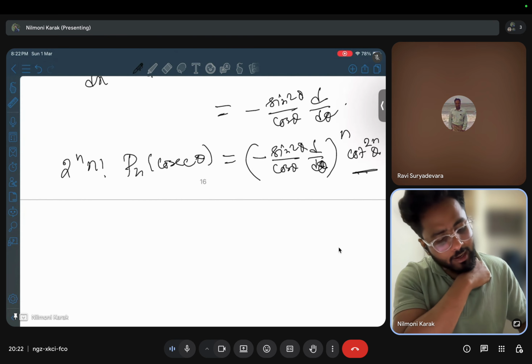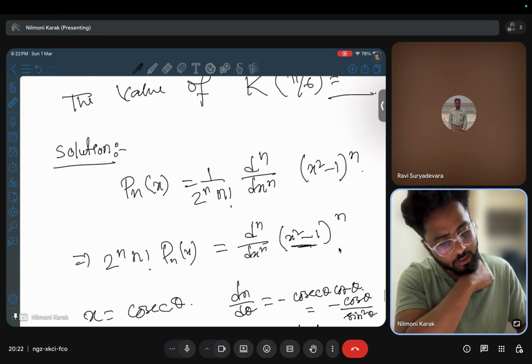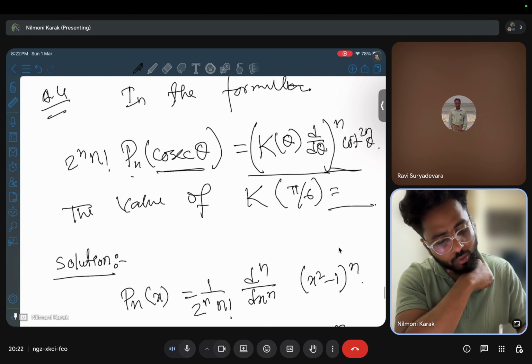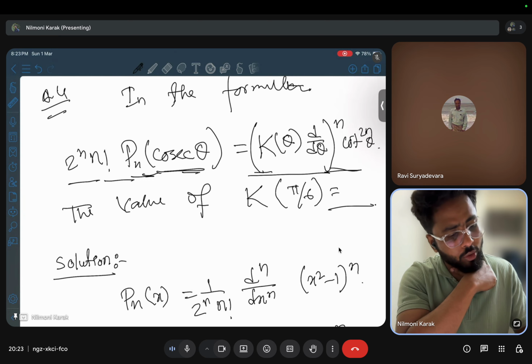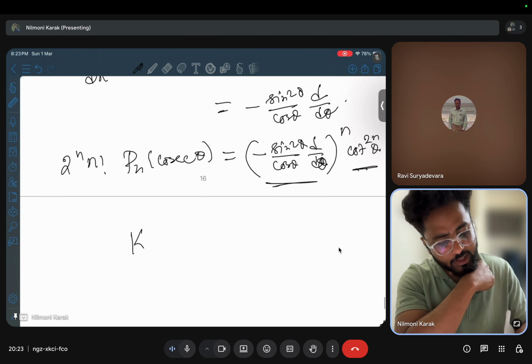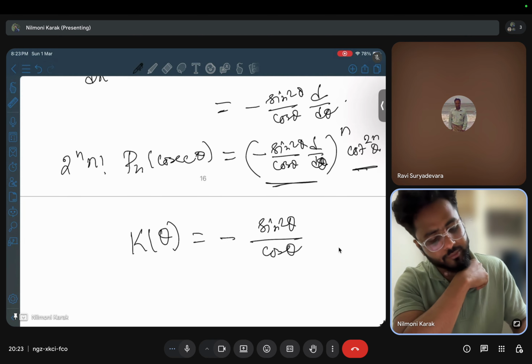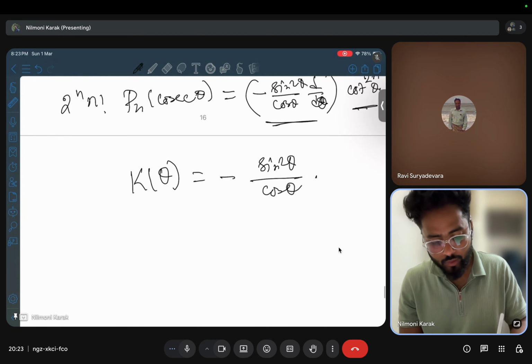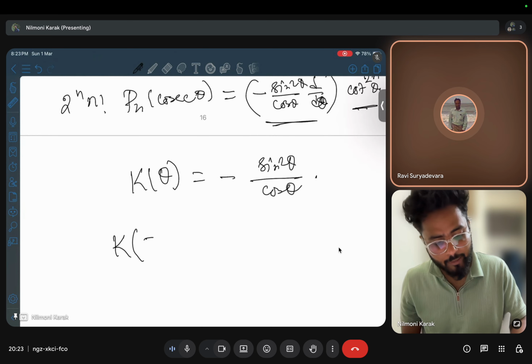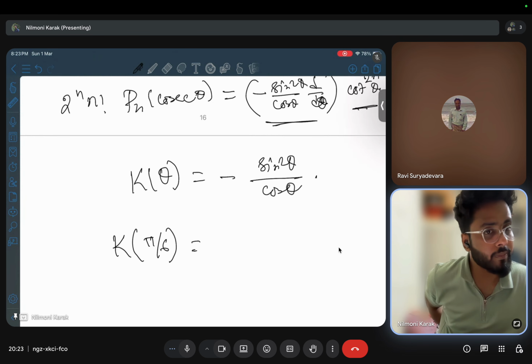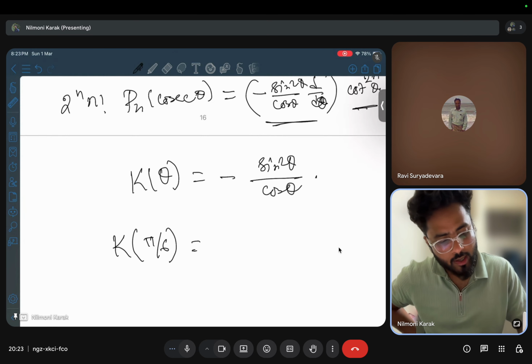Compare this with this: 2^n times n factorial Pn cosec theta equals k theta times (d/d theta)^n of cot^(2n) theta. So k theta is minus sine square theta divided by cos theta, and you have to find k of pi by 6. So what is sine square pi by 6 and cos pi by 6?